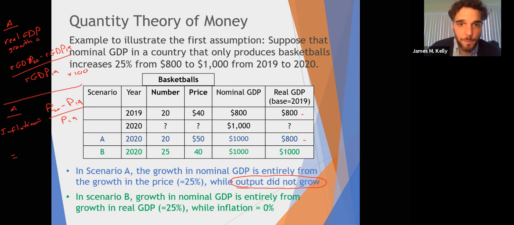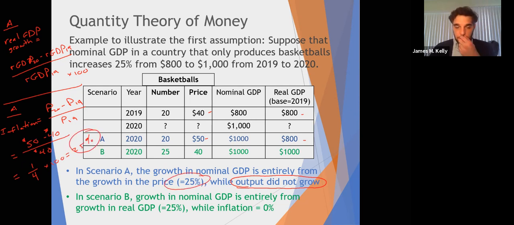What was our price level in 2019? $40. What's our price level in 2020 in scenario A? $50. So 50 minus 40, divided by 40, is equal to 1/4. Multiply that by 100, and we get 25%.